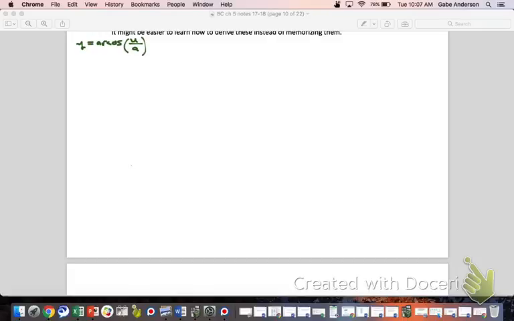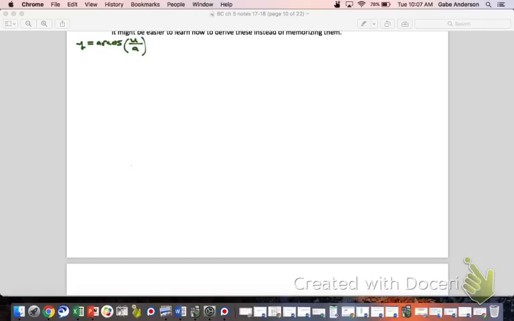Okay. But if we're going to try to find dy dx, we immediately run into the issue that we're trying to prove the derivative of arc cosine is something. And so on the right side, we'd just be doing the derivative of it. So I don't know that this is going to prove anything unless we write it in a slightly different form.